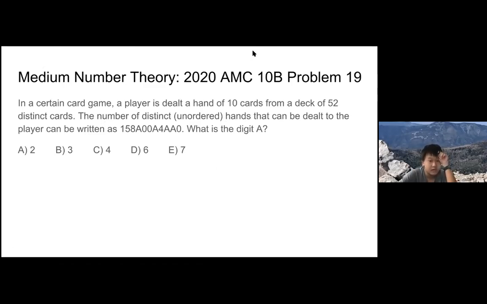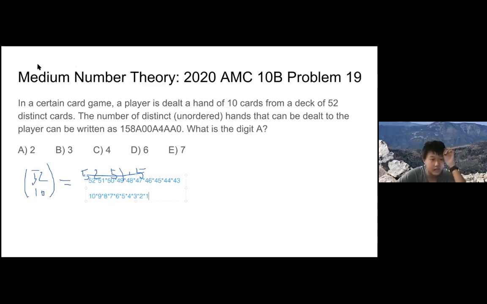Let's first consider what this number equals. As we know, this is 52 choose 10, which is equal to 52 times 51 times, yeah, I should probably use the text tool for this. 8 times 47. Okay, so it's this.